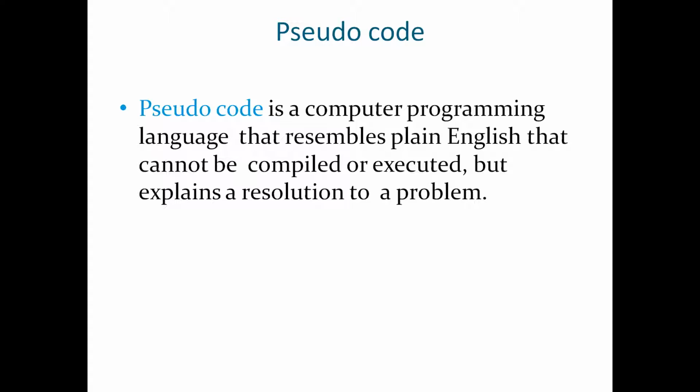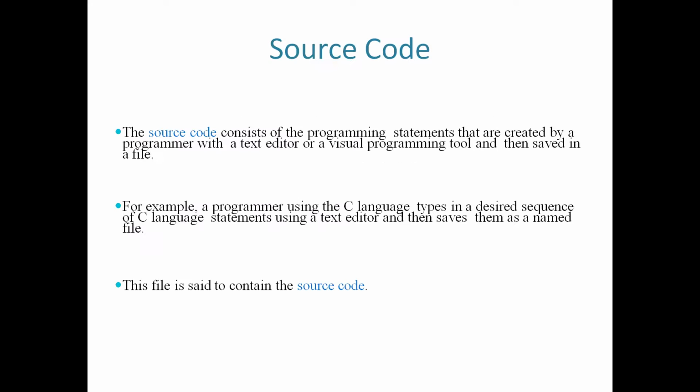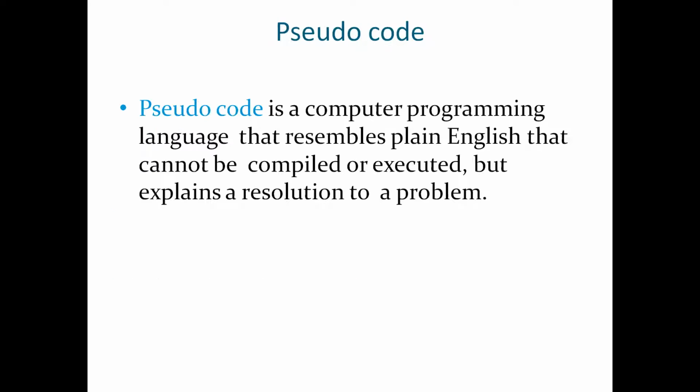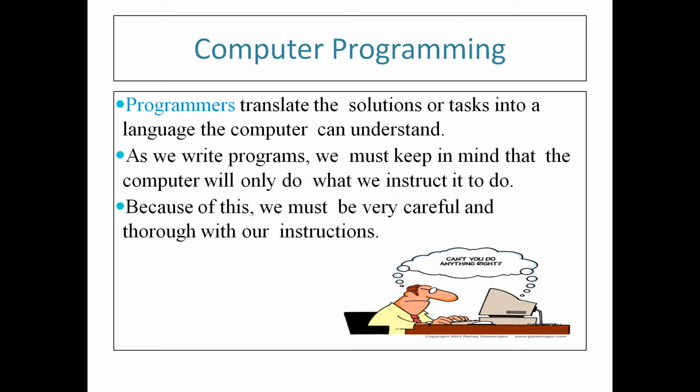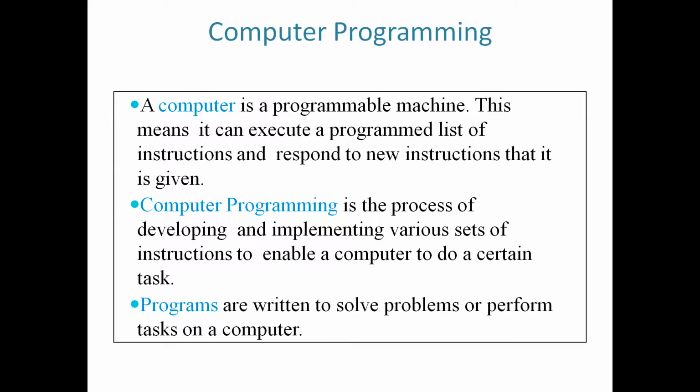Now moving on towards the next terminology that is an important one, that is the source code. Up till now we have studied what is a program, what is a programmer, algorithm, first computer programmer, computer programming.